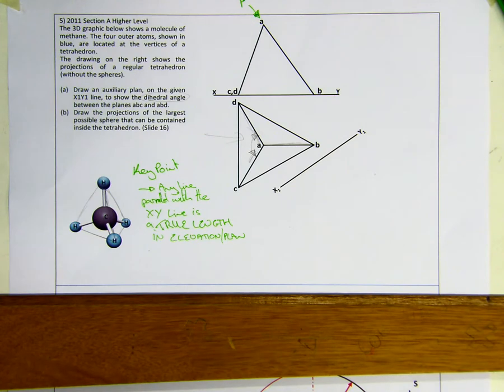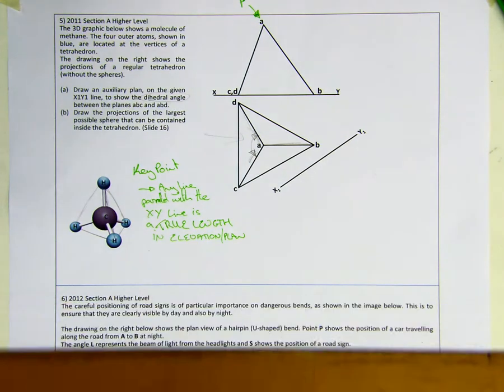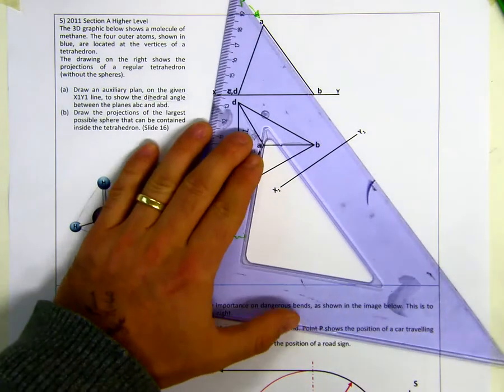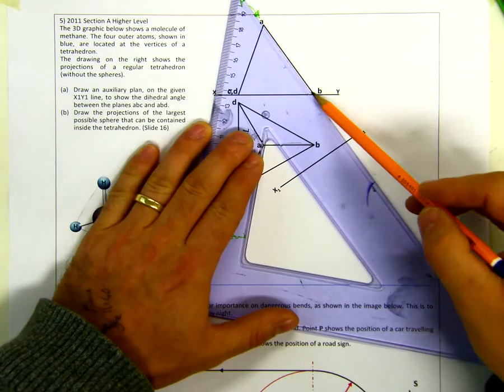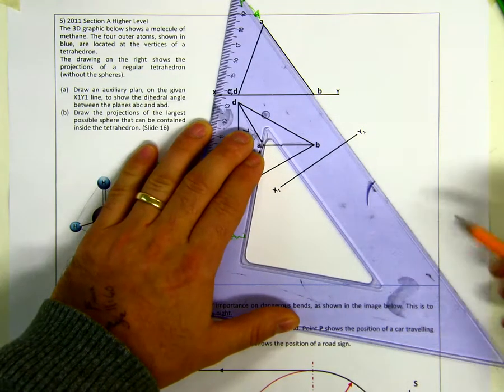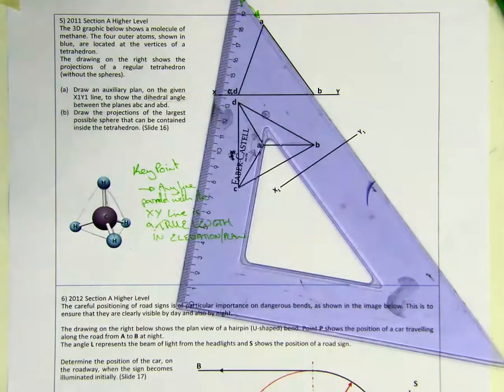Same as any other auxiliaries, elevations or plans, we just have to make sure everything is perpendicular to the new x1, y1. So we know A and B are on that point.